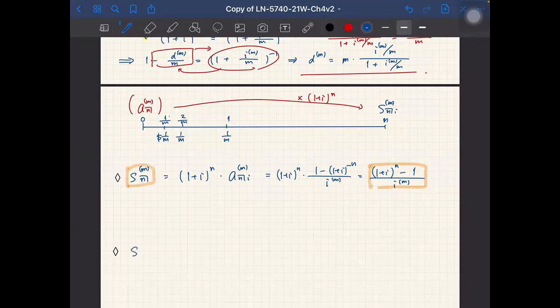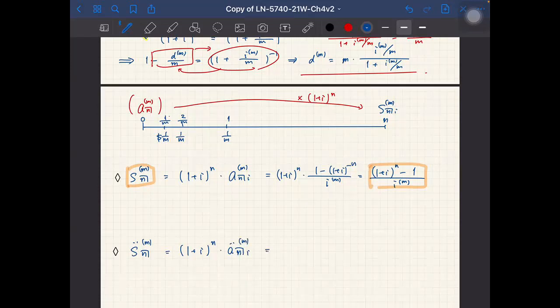And how about s double dot angle n superscript m? This is defined in the same way as s angle n superscript m. This is again n years later than a double dot angle n superscript m.